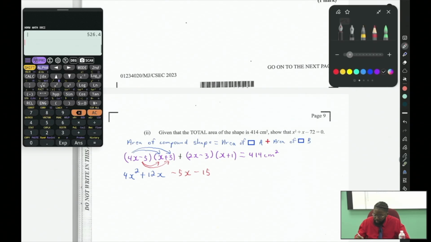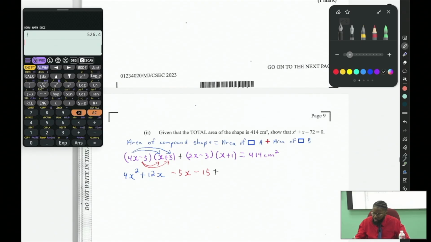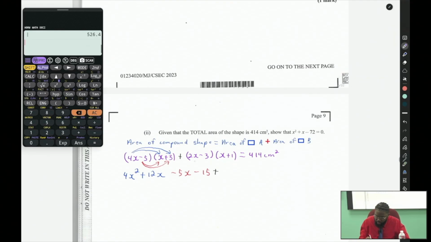Then we put back our plus, and now we're going to expand the other two. So 2x minus 3 times x plus 1. So 2x is going to multiply the x. 2x is also going to multiply the 1. So 2x times x is going to give us 2x squared. 2x times 1 is going to give us positive 2x.